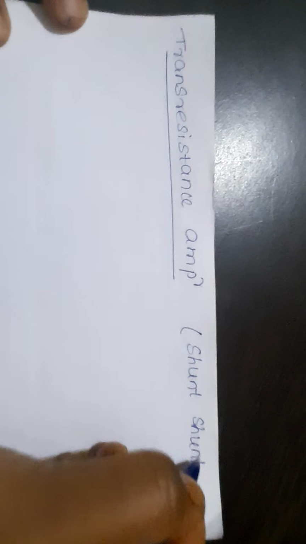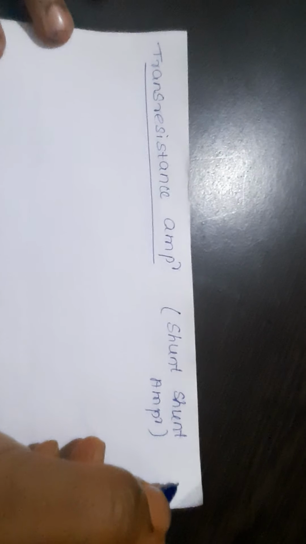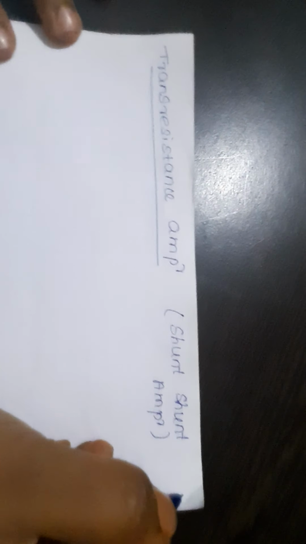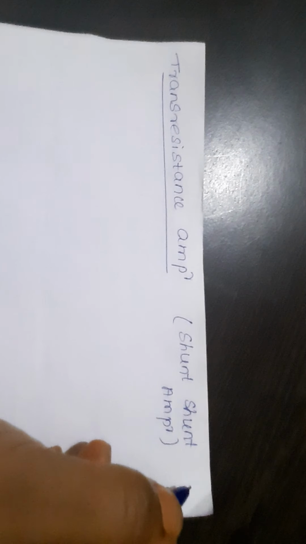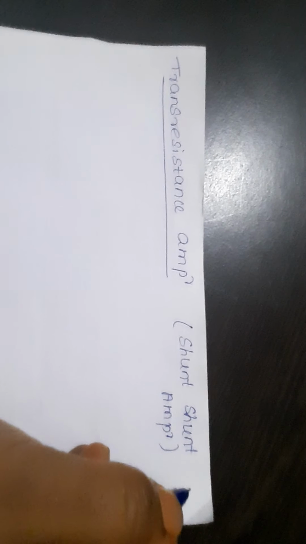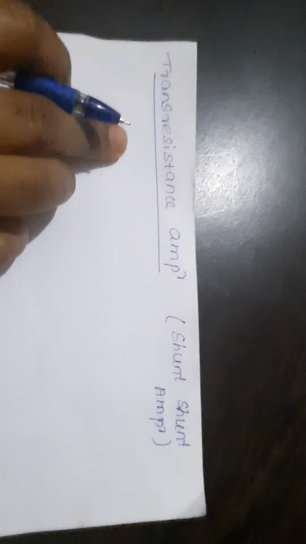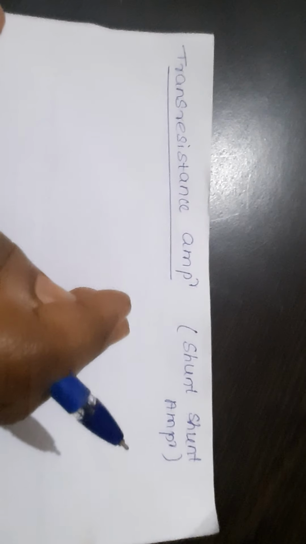Why is it called a shunt amplifier? Because at the input side we take a shunt connection, a parallel connection, and at the output side we take a parallel connection. The transconductance amplifier is called series because at the input side and the output side we have a series connection. Whereas in the transresistance amplifier, we have a parallel connection at the input and a parallel connection at the output.